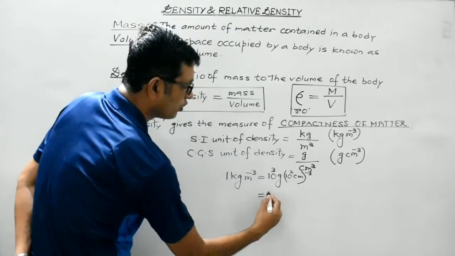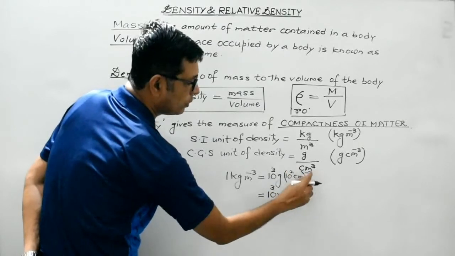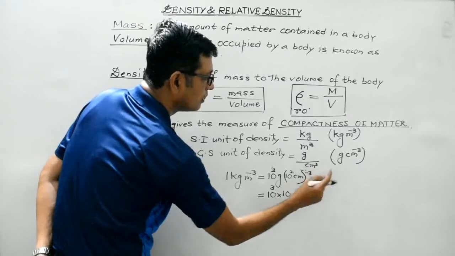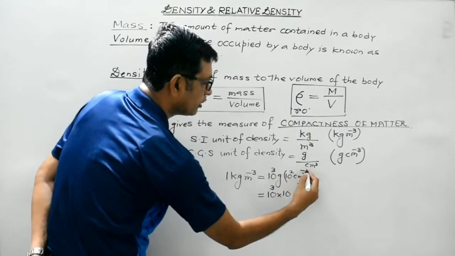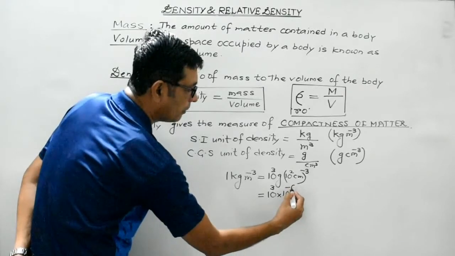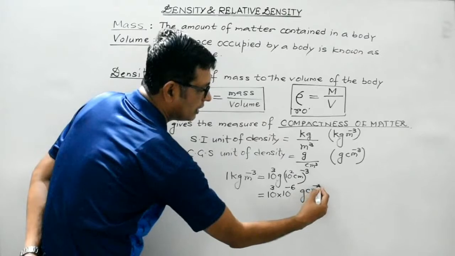So if you solve it, 10 raised to the power 3 multiplied by 10 raised to the power 2 to the power minus 3, it will become 10 raised to the power minus 6 gram per centimeter cube.